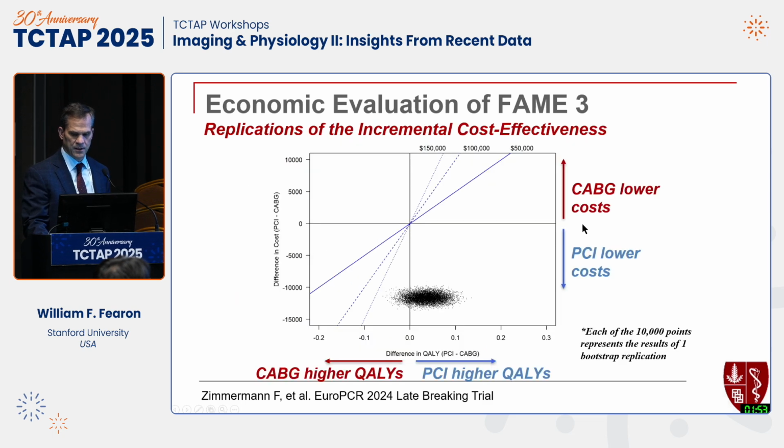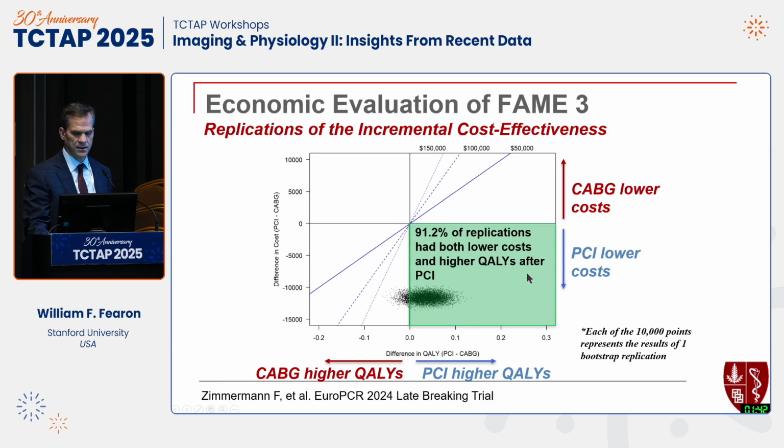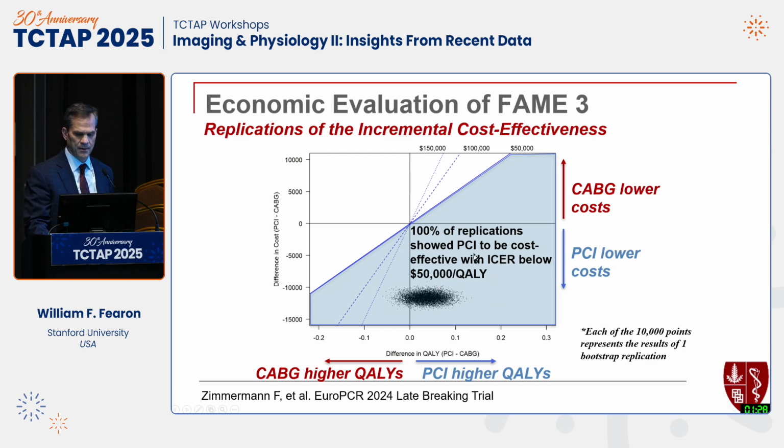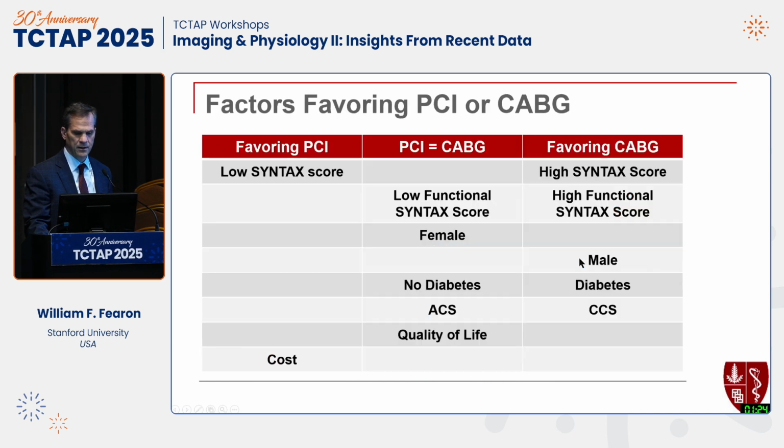So because of this, PCI in 91% of the replications on the bootstrap analysis had both lower costs and higher quality adjusted life years compared to CABG. In addition, if you look at the cost effectiveness ratio using the 50,000 per quality adjusted life year cut point, 100% met that, so strongly favoring PCI.